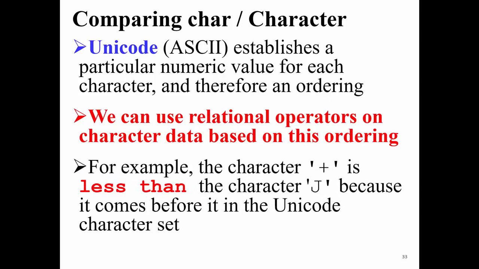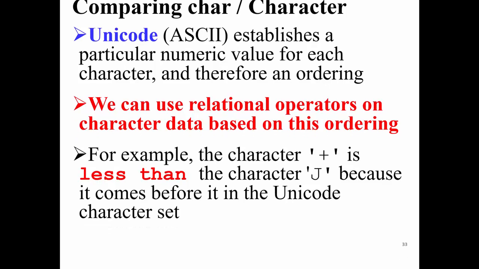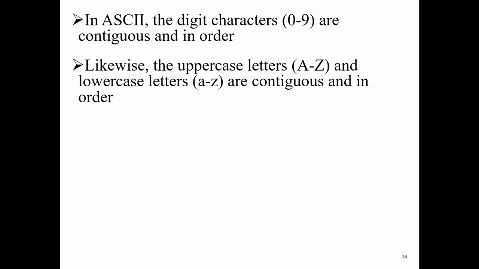So the character 'A' between single quotes is less than the capital 'J'. We can do this because Java uses the ASCII code to represent characters, and the ASCII code is just an integer value, so we can compare integer values.